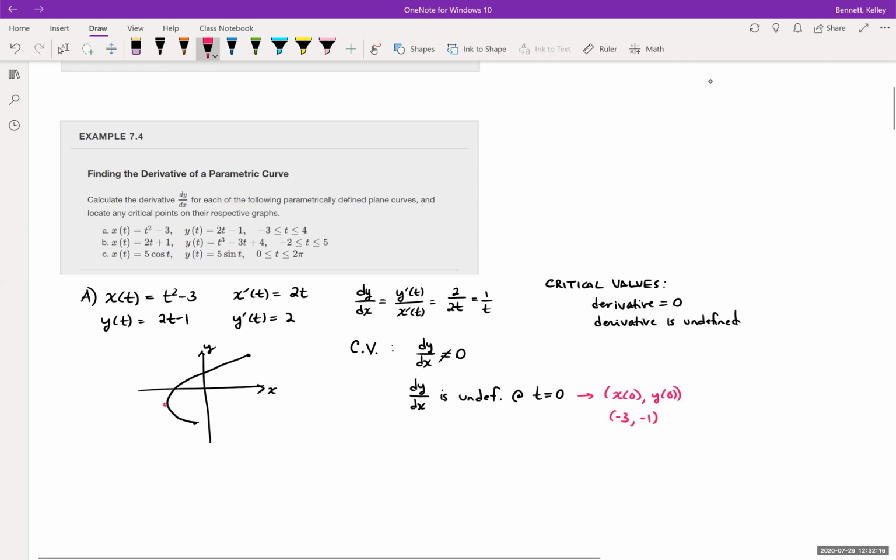So that's just right here, and that is why the tangent line is undefined. The equation of the tangent line at this critical value is x equals -3. So this is when t equals 0.